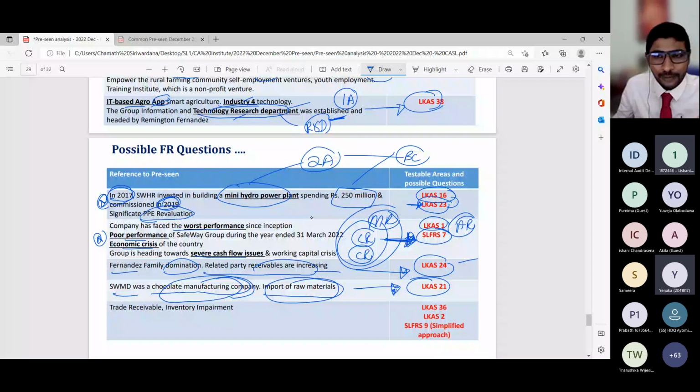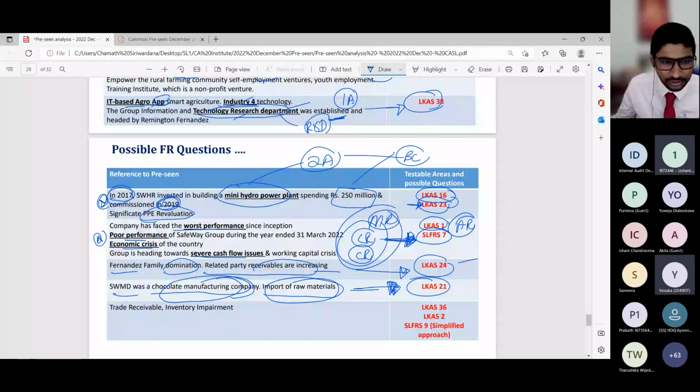And if you think about the ongoing economic crisis as well, we have a problem, right? Today we have an economic crisis as well as inflation. That is why I believe LKS 21 and LKS 29, hyperinflationary economies, can be tested, at least for a small question. So be mindful of those things as well.